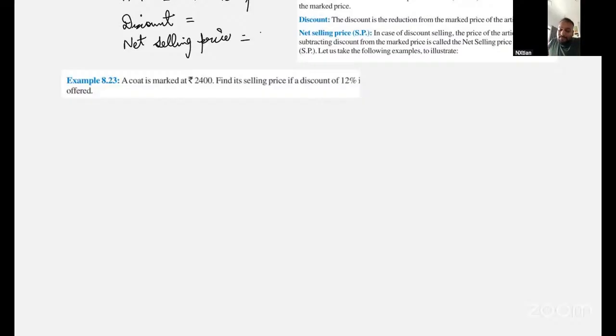Find its selling price if a discount of 12% is offered. So first of all, what is the market price? The MP will be 2,400. Now, how much discount is there? The discount will be 12%. Now we have to calculate what the NSP will be.